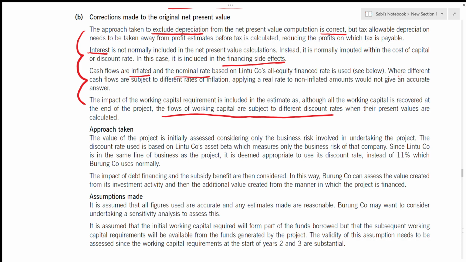So even when the sales are calculated that way, even your working capital will be discounted at different rates, right? They are subject to different discount rates, when you're calculating the present values of the working capital.